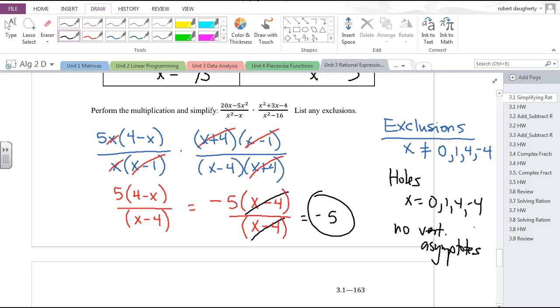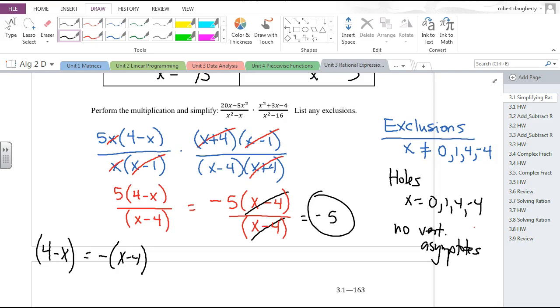So 4 minus x is the same thing as the negative of x minus 4. Factor out a negative 1. Okay, so if I put a negative in front of this, instead of this being 4 minus x, it's x minus 4.